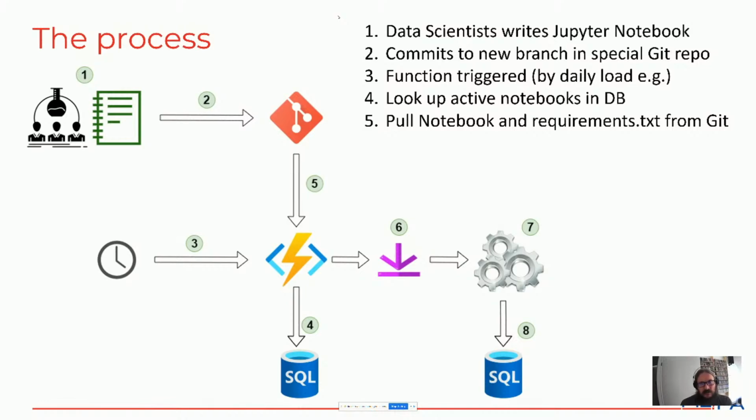Together with the notebook, I ask the data scientists to add a requirements.txt to the Git repository, to the branch for each notebook, so that I know which dependencies I need. So I pull the notebook and, if available, the requirements, onto the host of my function.